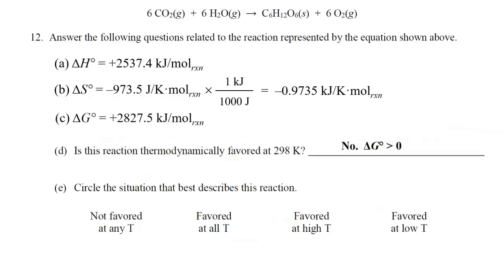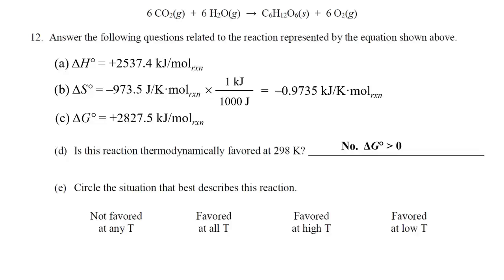Now, part E says, circle the situation that best describes this reaction. Not favored at any temperature, favored at all temperatures, favored at high temperatures, or favored at low temperatures. Focus on the sign of delta H and the sign of delta S, and you can figure out what's going on.